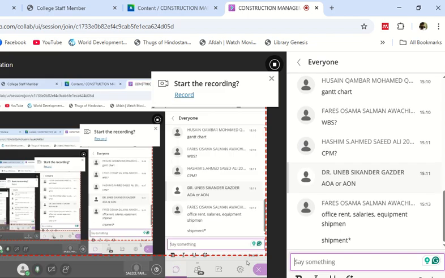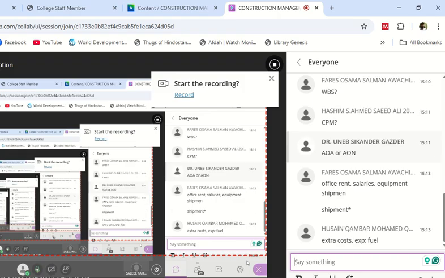Office and salaries, equipment, shipment, expenses, fuel. What is the most important overhead?